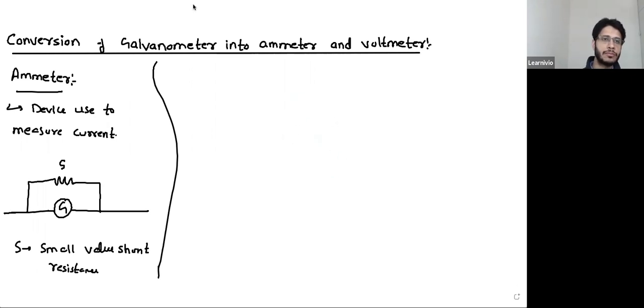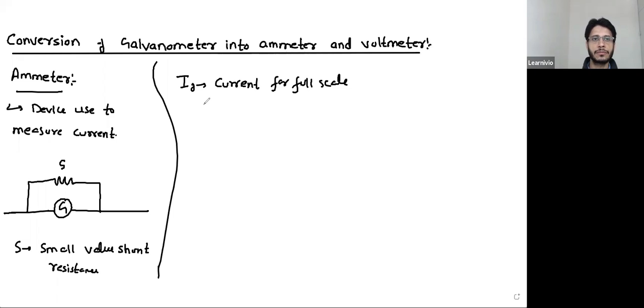Let's see some more parameters. One parameter is IG. IG is the current for full scale deflection for the galvanometer.